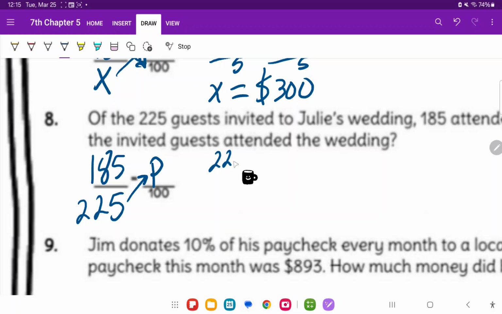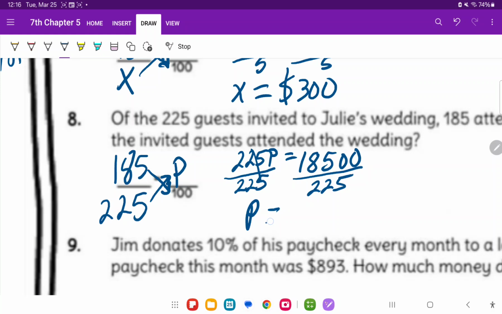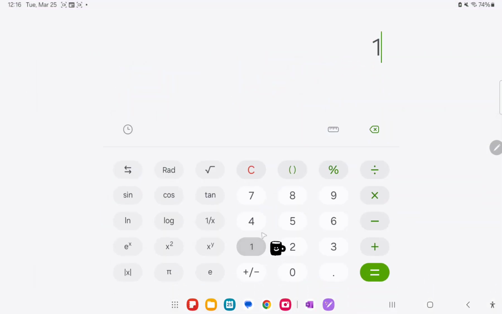That's going to be 225p. And multiplying here, that is 18,500. Okay, and then we're going to divide by the 225. So that's 18,500 divided by 225.